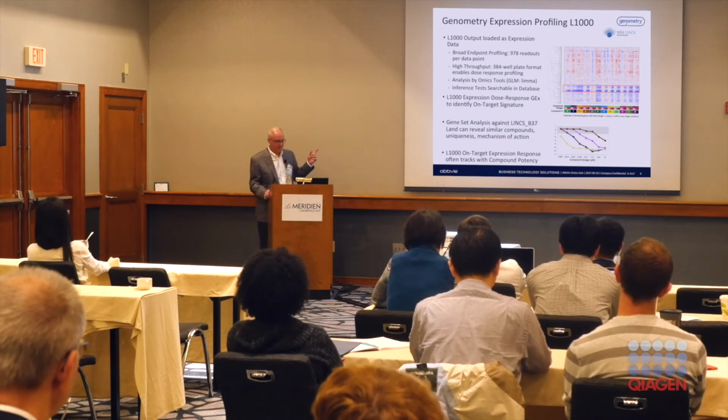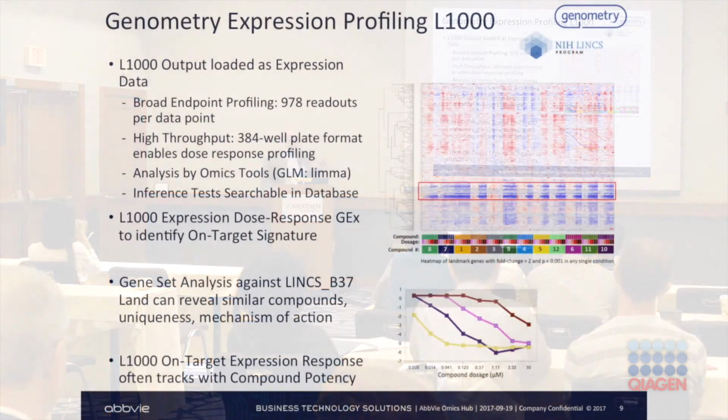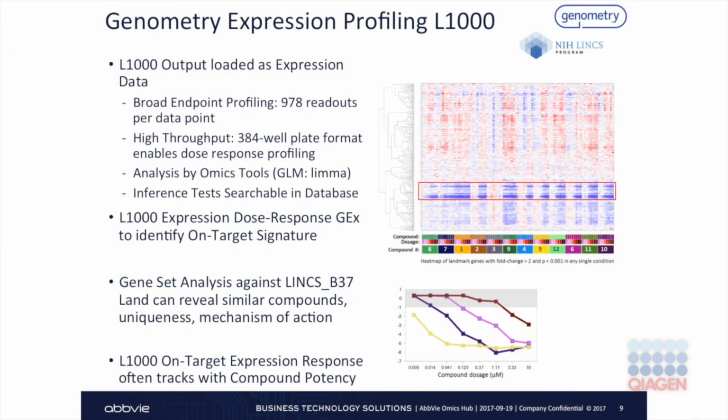And it's a 384-well plate. So you can just take a supernatant from a 384-well plate that's been treated and get your 1,000 genes per well. That affords the ability to do dose response for compounds across cell lines or multiple treatments with replication.